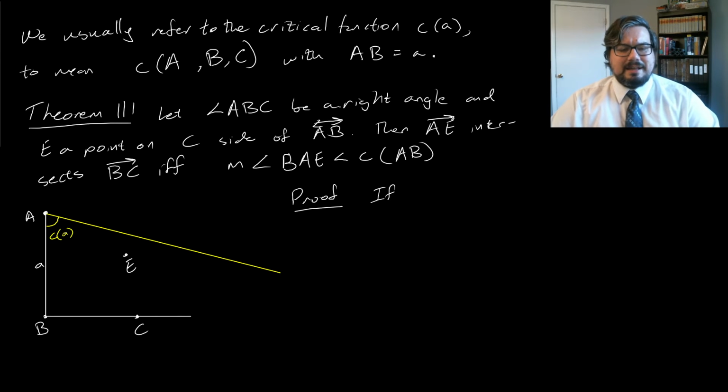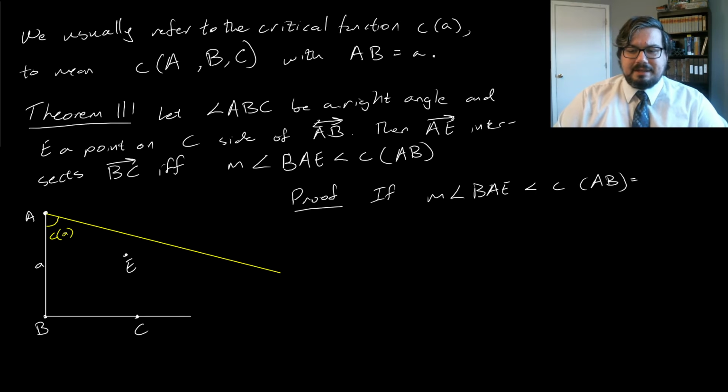Let's say the measure of angle BAE is less than the critical function of AB. Well, the critical function was the supremum of a set, and any number less than the supremum of a set has to be less than some element of that set.